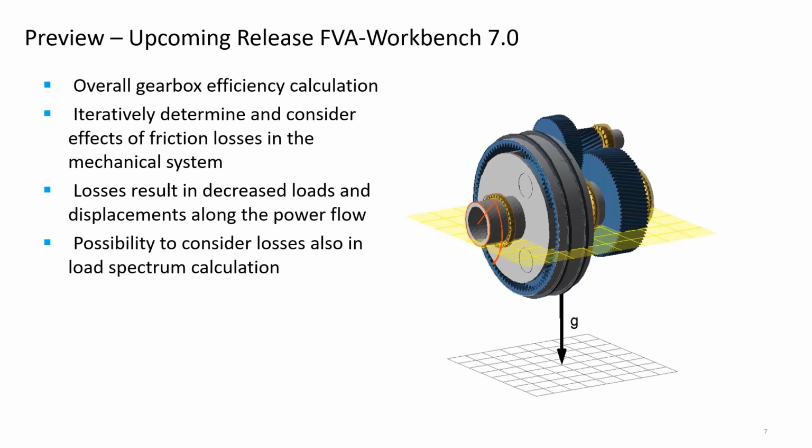A short preview to our upcoming release, the FVA Workbench 7.0 in autumn. One of the aspects we're working on there is the calculation of the overall gearbox efficiency. And this is then iteratively determined and considers the effects of the friction losses in the mechanical system.